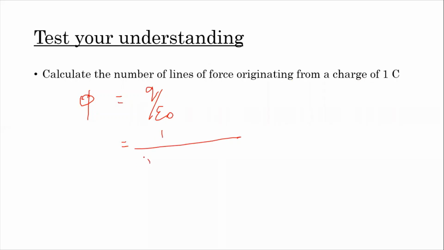So 1 by 8.854 into 10 to the power minus 12. If you solve this, you will get 1.129 into 10 to the power 11.